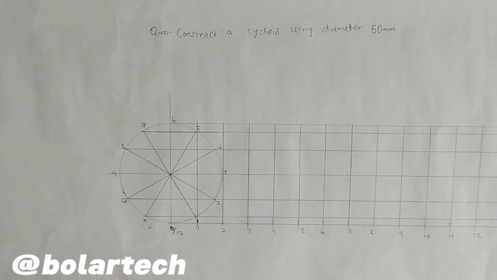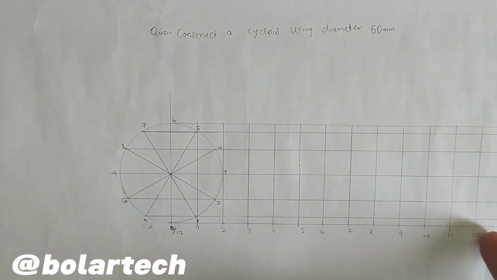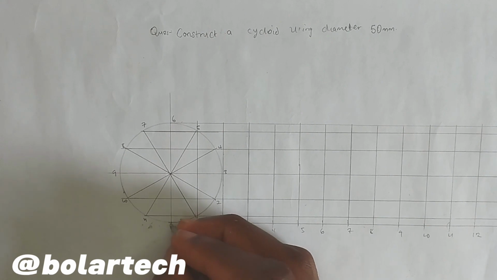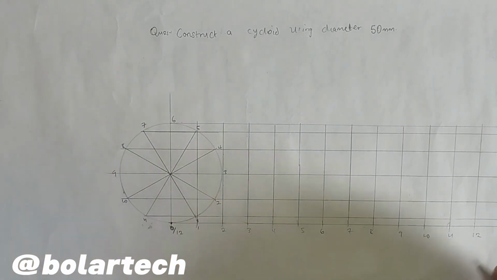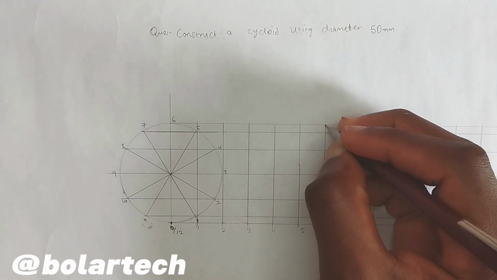So we have divided our line into 12 equal parts. What we are going to be doing next, we are going to be picking our points. That's our line, the cycloid. So we pick our point 0 first, taking those places out, our point 12 and our point 6 up here.